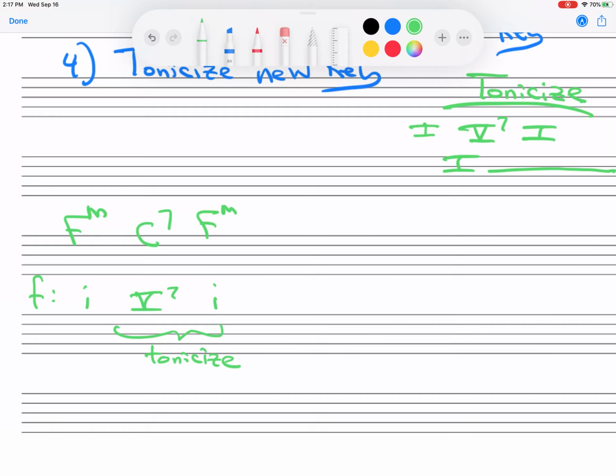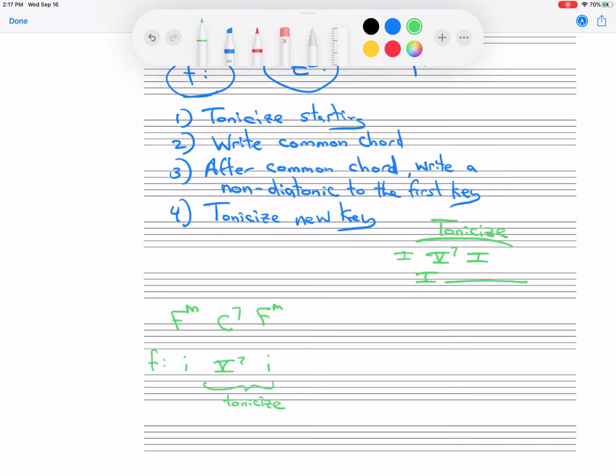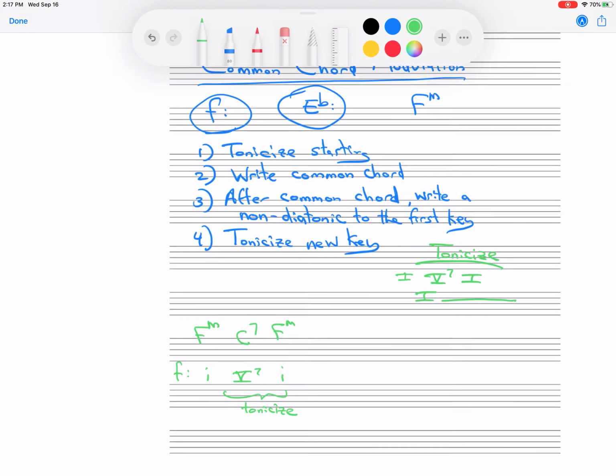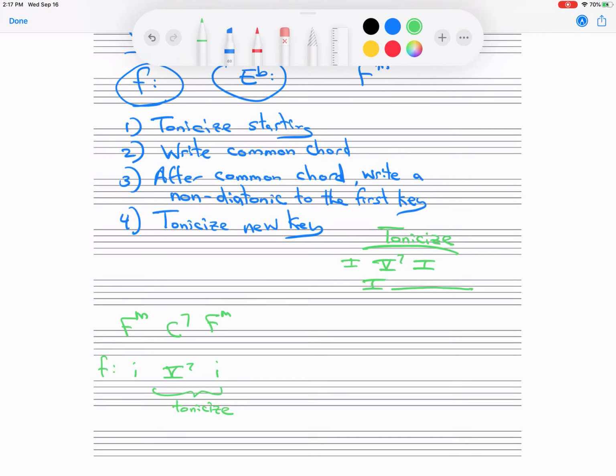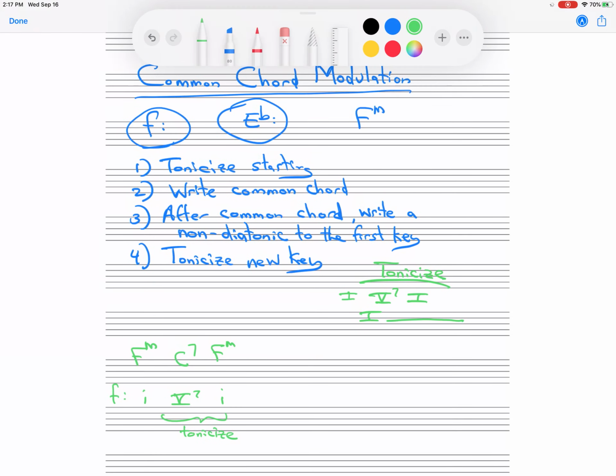Alright, after this, I said I was going to use F minor as the pivot chord. Wow, I actually should use something different, but I don't remember what the other common chord was. It would be nice to use something other than 1. So let me think about this for a second.